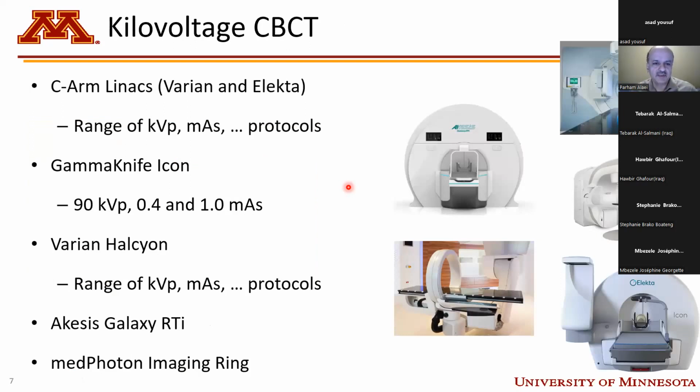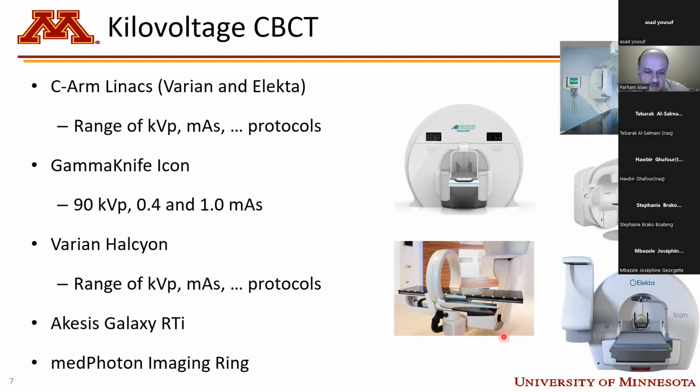Kilovoltage cone-beam CT: you mentioned the Varian TrueBeam that you have at Aga Khan University. Of course, there's Elekta. There is this stereotactic device, Elekta Icon. The new ones have a cone-beam CT, and then there is some device that you can sell and attach to any linac that you may have, and proton centers use that too.